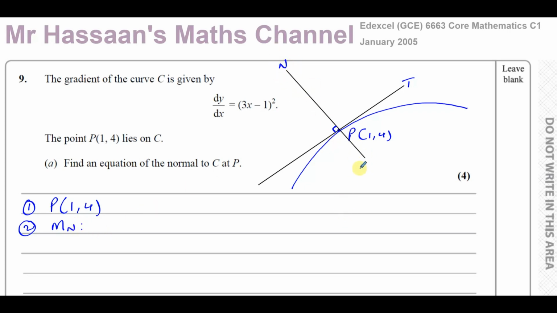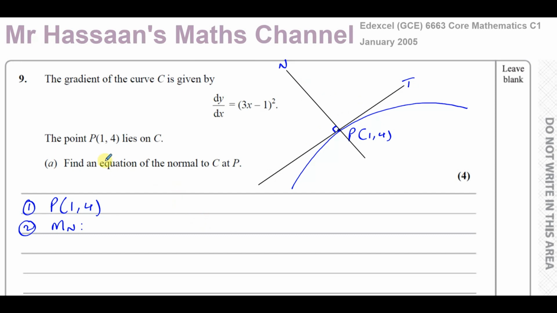To find the gradient of the normal, we can use the gradient of the tangent, and we know that two gradients which are perpendicular are negative reciprocals. Their product will be -1. So if I can find the gradient of the tangent, I can find the gradient of the normal.